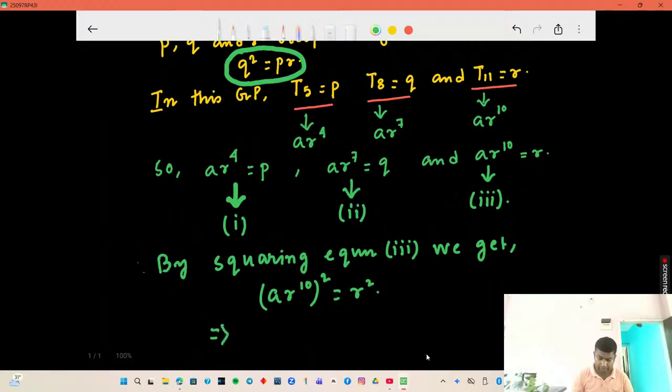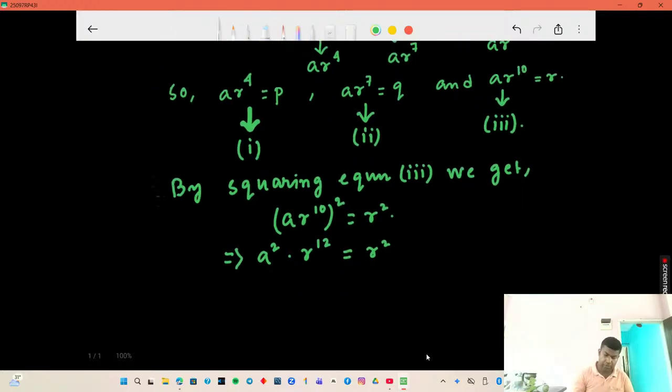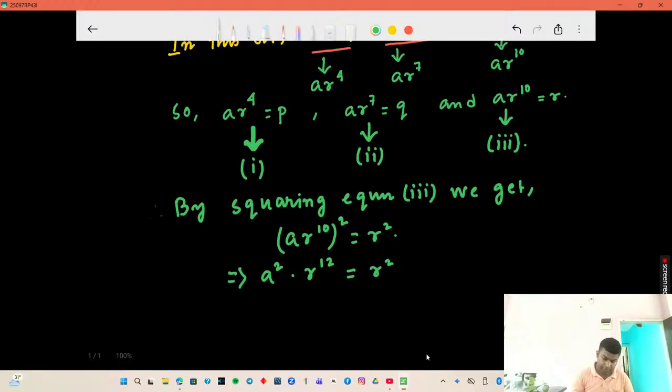So now we can write here A square into r to the power 12 is equal to r square. So now what we can do here?